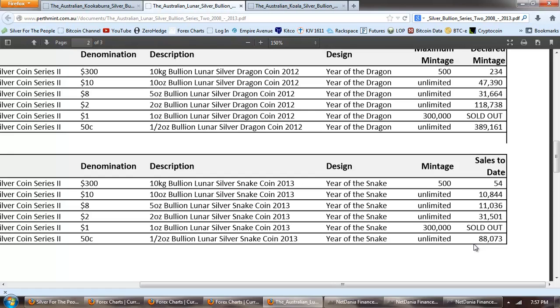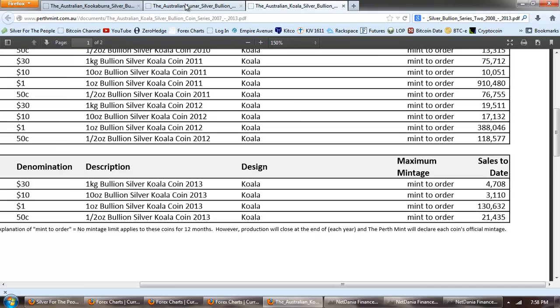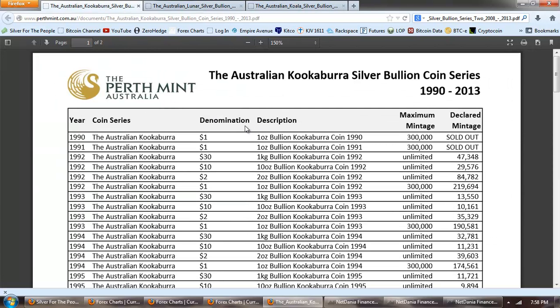But you can see that the snake does not appear to be doing the amount of volume that the Dragon did on the half ounce, and the 2 ounce you can see that it doesn't appear to be doing that much volume as well. So that is the best figures I have for the Perth products. Hopefully that gives you an idea of what to look for.